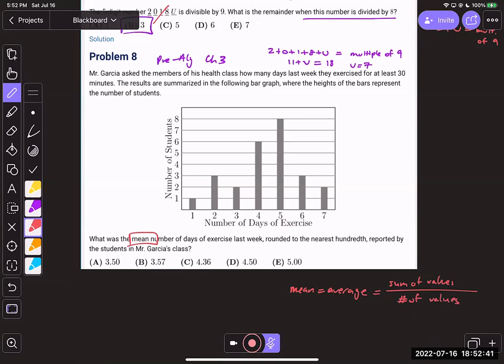So in other words, the sum of each student's number of days that they exercised, divided by the number of students that you have in this case, right? So first off, how many students do we have in this question?